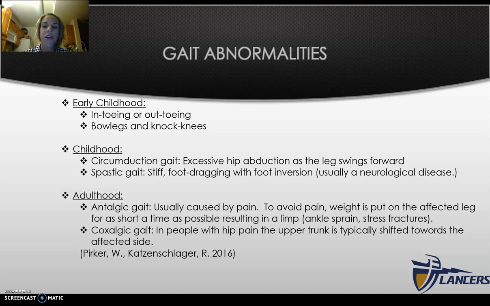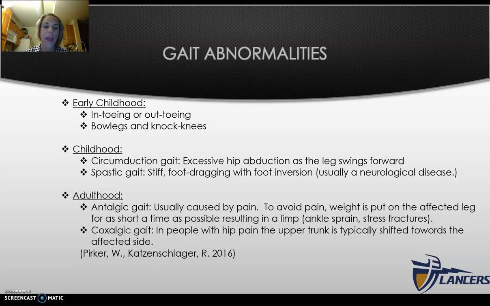This is usually a neurological disease. Into adulthood, an antalgic gait, usually caused by pain. In order to avoid the pain, the weight is put on the affected leg as short of a period of time as possible, resulting in a limp. This is usually due to ankle sprains or stress fractures in the lower legs.